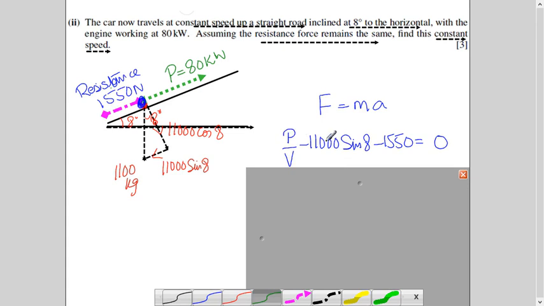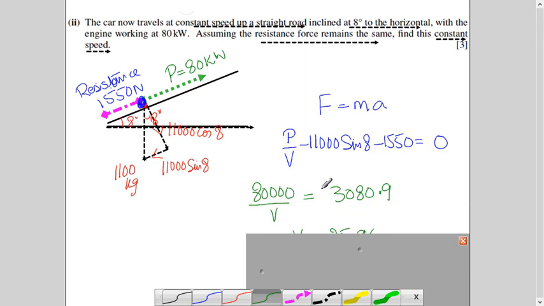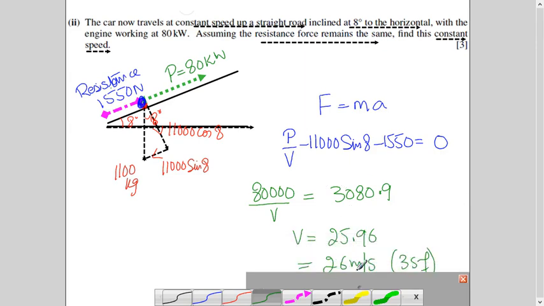So forward force minus backward force is equal to 0. Why 0? Because constant speed is mentioned here. We are calculating constant speed. Power I know is 80,000 watts. Velocity I have to calculate. After that it is a simple manipulation and you end up at 25.96. In 3 significant figures it will be 26 meters per second. So this is how we will finish the question.